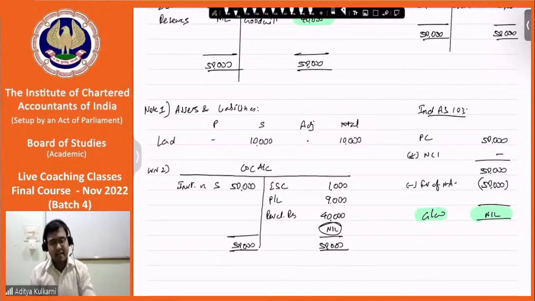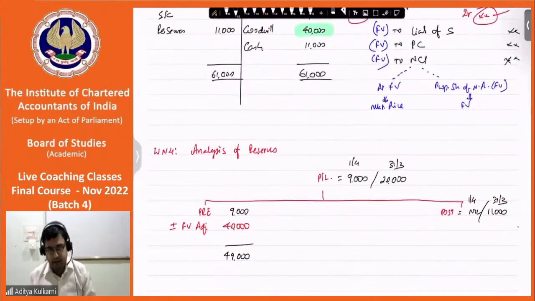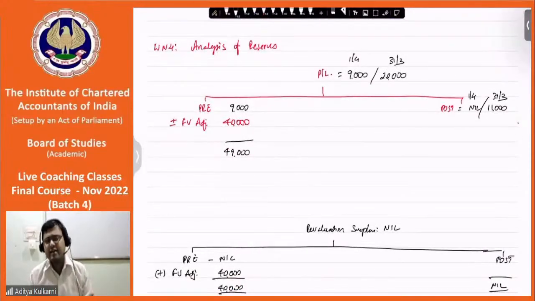So when it does not matter whether it is P&L or revaluation reserve, why do you want to spend time opening a separate account, a separate working note? You will say, sir, how much difference does it make? It is a 2-minute job. But understand, 2 minutes is also valuable from an examination perspective.